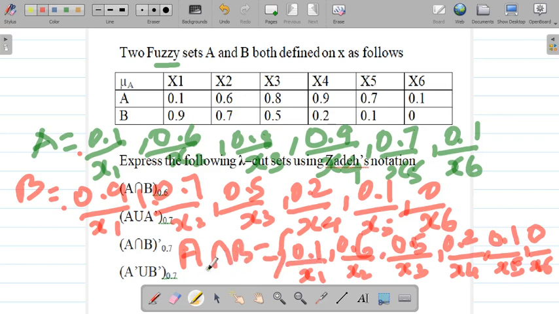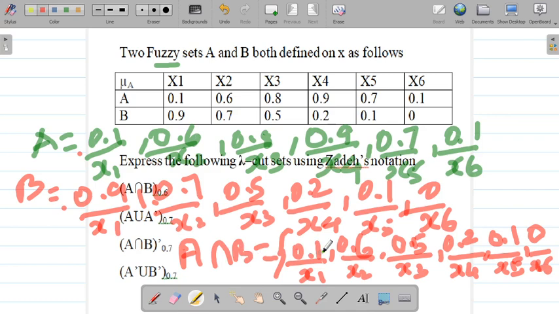But they are asking A intersection B with lambda value 0.6, which means we should choose the values greater than or equal to the lambda value. So here the lambda value is 0.6, which means we should select the values greater than or equal to 0.6.